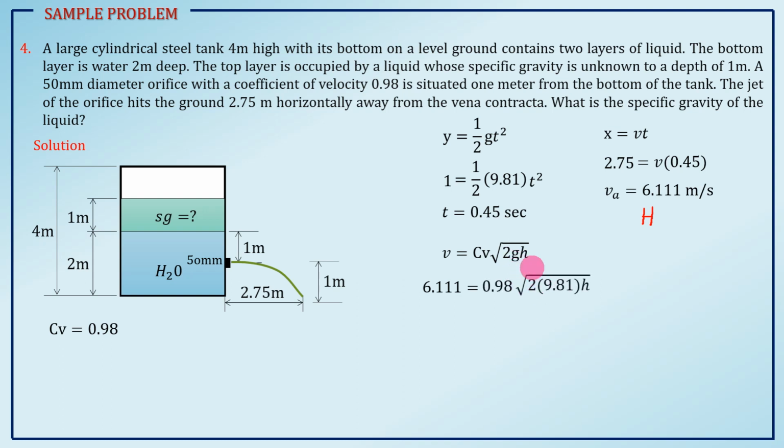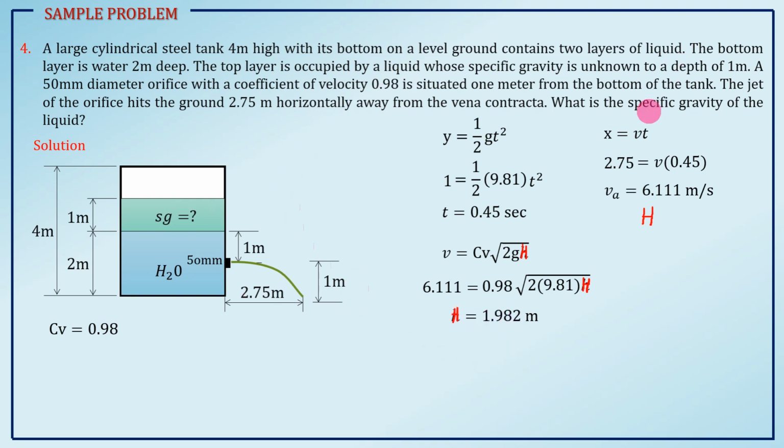So, the only unknown here is our head, the total head producing the flow. Actually, it should be a capital H. Solving for h, that is 1.982 meters.